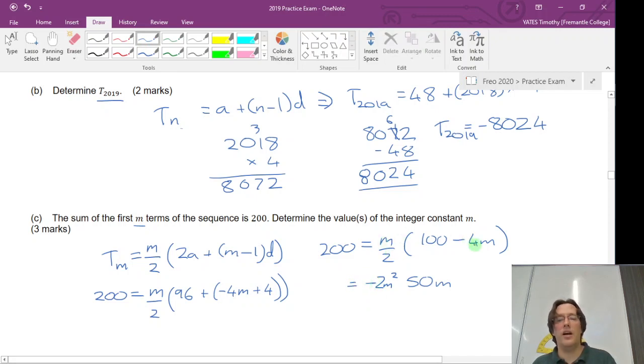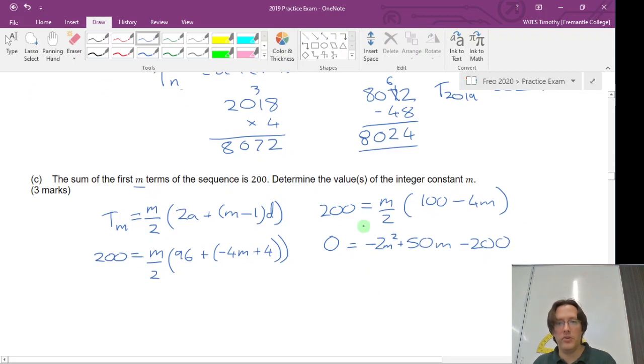So that's just negative 4m squared divided by 2. That's 50m. And I'm actually going to take 200 over here. I've done that because this is a polynomial. Now I'm going to divide everything by negative 2, so I've got a monic trinomial.